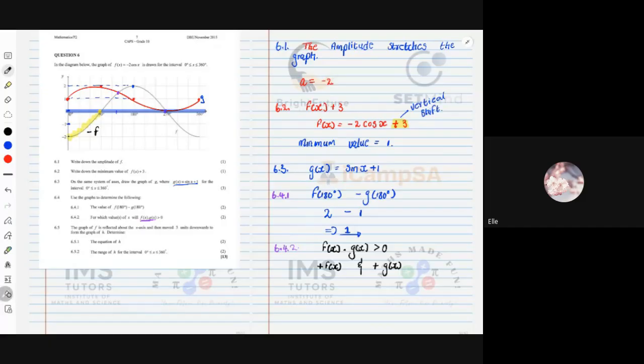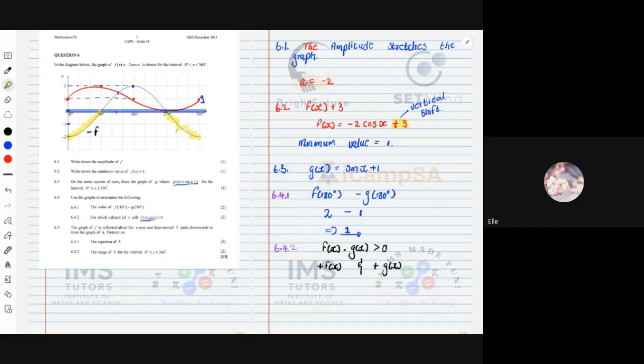And once again, from 270 to 360, f is negative, so that is also automatically out.